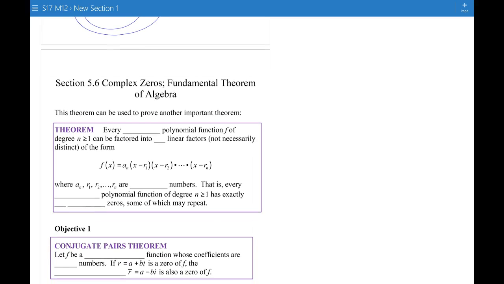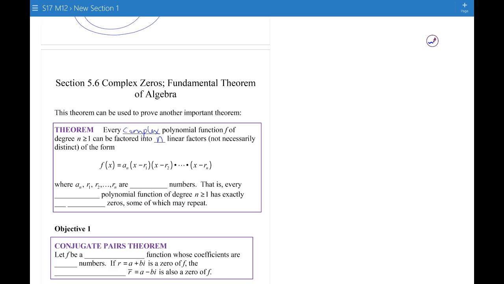That theorem's not that useful in and of itself, but it's useful because it can be used to prove this theorem, which is very useful to us. Every complex polynomial function with a degree at least 1 can be factored into n linear factors, and they're not necessarily distinct.